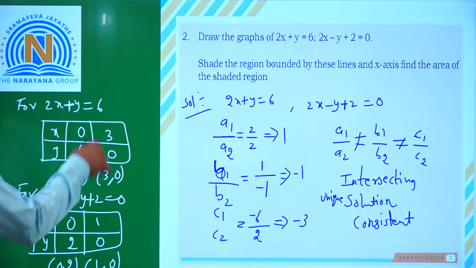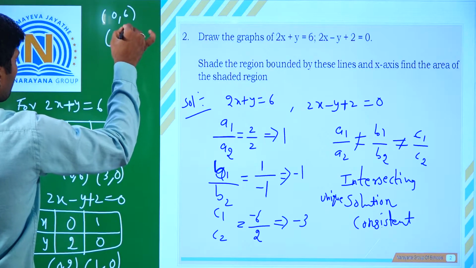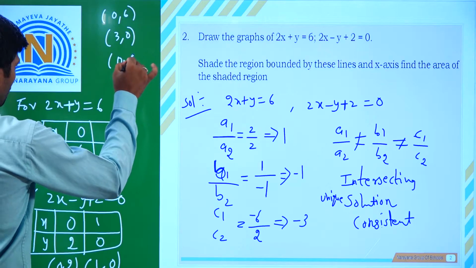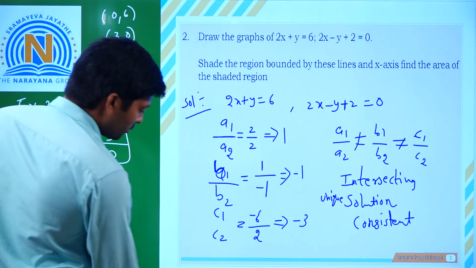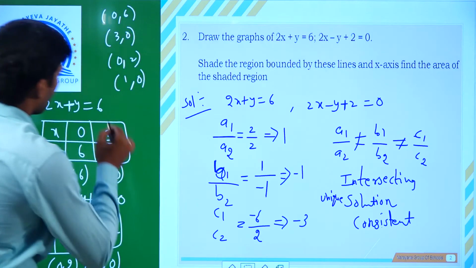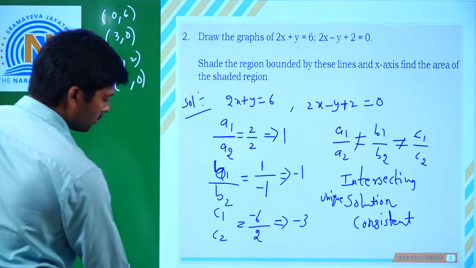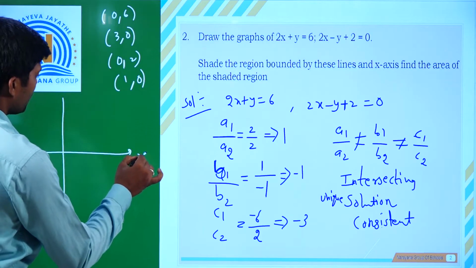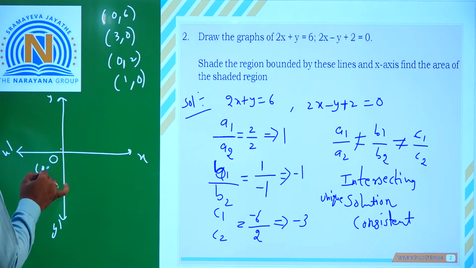So let us write these points here. 0, 6 and 3, 0. Next, the coordinate points are 0, 2 and 1, 0. Just look at these points on the graph. So take a coordinate system with x and y axes; x dash and y dash meet at the origin 0, 0.